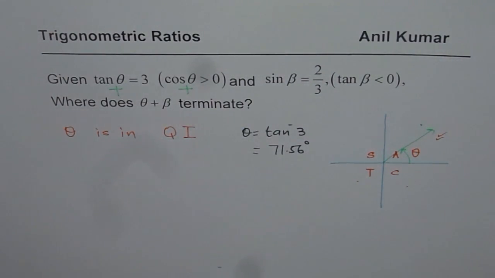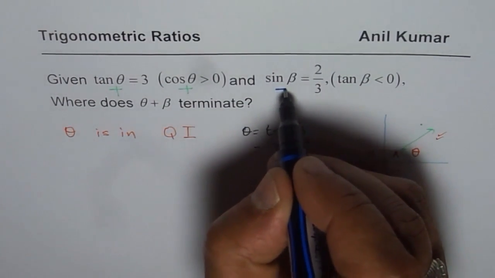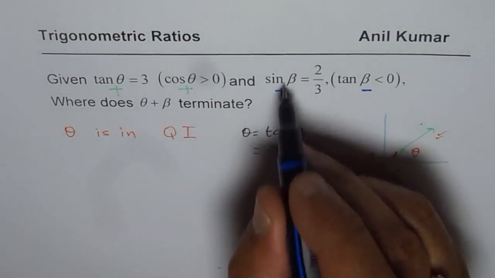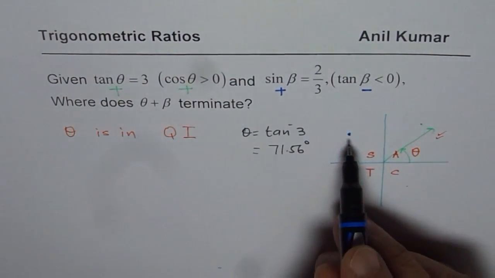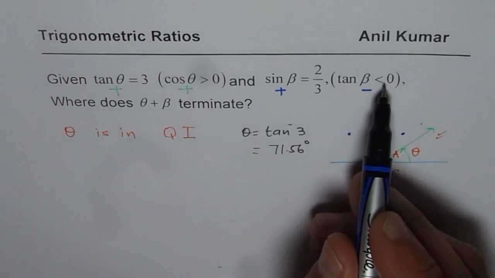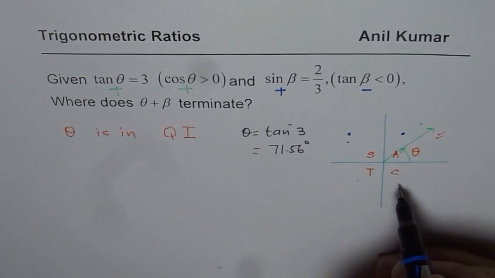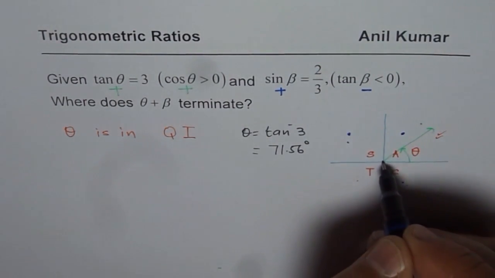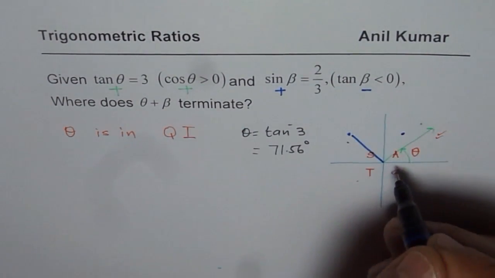Now we're talking about sine beta. Sine beta is positive, correct? Tan beta less than 0 means negative. Now when is sine positive? It is positive in quadrant 2 and in quadrant 1. Tan beta is negative, that means we are talking about these two quadrants. Of course, quadrant 2 is the right choice since both conditions are satisfied.